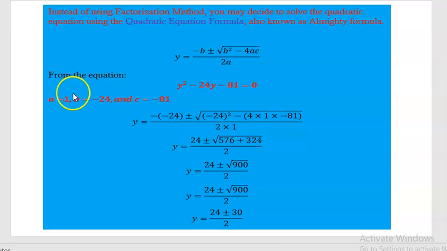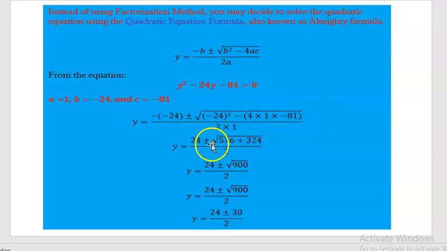So we are now going to put the values for a, b, and c into the formula. So we are going to have y is equal to minus into minus 24 plus or minus square root of minus 24 squared minus 4 times 1 times minus 81, your a and your c, over 2a, which is 2 times 1.